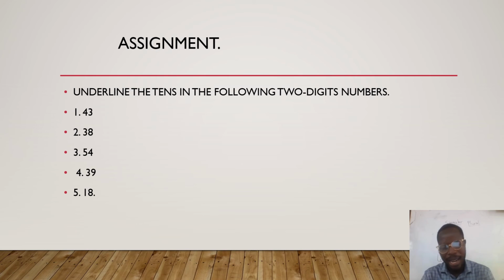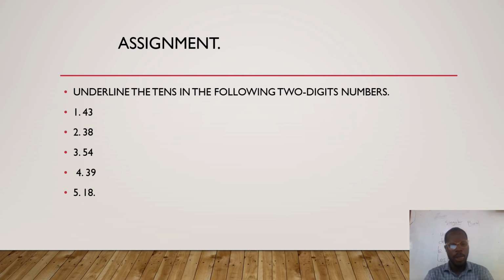After writing and underlining them, you draw a place value chart to write the digits under each of them, ones and tens. So after you have written the numbers and underlined the digits under the tens, you open a different page, draw the chart, then put each figure under the correct position.